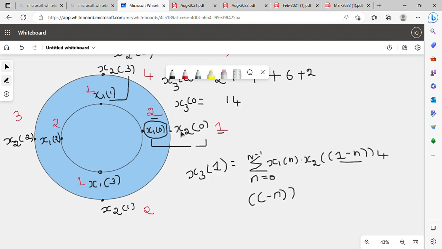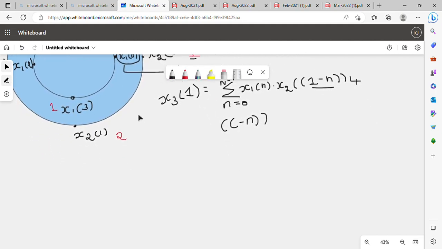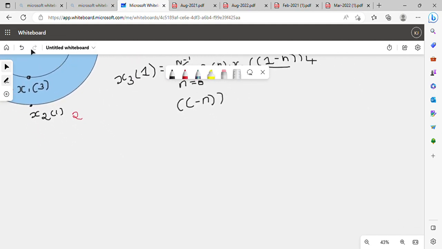Now, this was in clockwise direction, that is x of minus n modulo 4, and I have to once again shift this x of minus n modulo 4 anti-clockwise to get x of 1 minus n modulo 4. Right? So let me do that. Before that, let me bring this down. Okay, so this is for an anti-clockwise direction, right? That's all you're supposed to do.